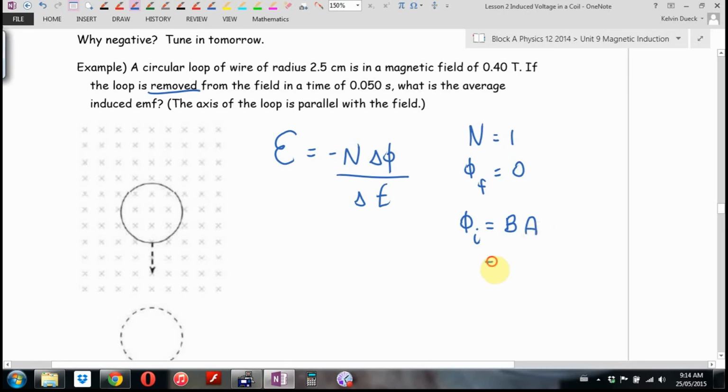How big is the magnetic field? 0.4. How big is the area? Now, this is the area of a circle. It would be wonderful if on our formula sheet you had included the area of a circle. I think I did. What is the area of a circle? It's pi r squared. Don't go 2 pi r. It's pi r squared. So it's going to be pi. Please tell me I told you the radius. I did. 0.025 squared.